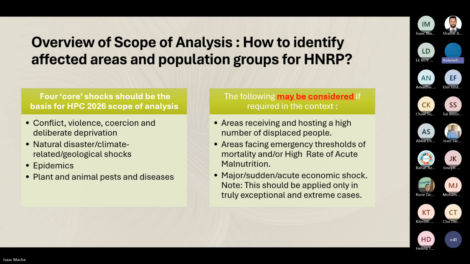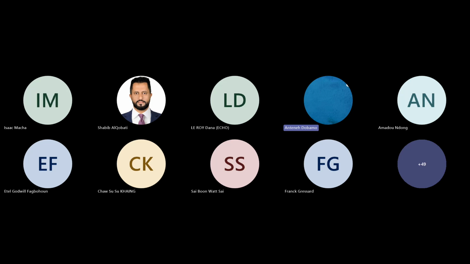So these shocks are taken into consideration in determining which part of the country, which specific administrative units, which population groups are determined to be affected by the current shocks. And there are some exceptions that are included in this year's global guideline. The following may be considered.